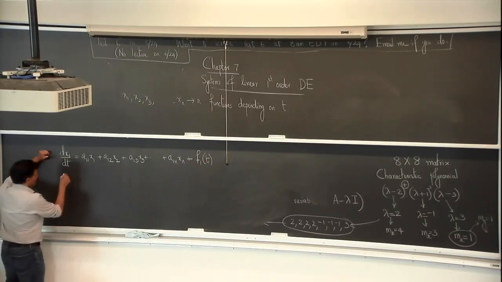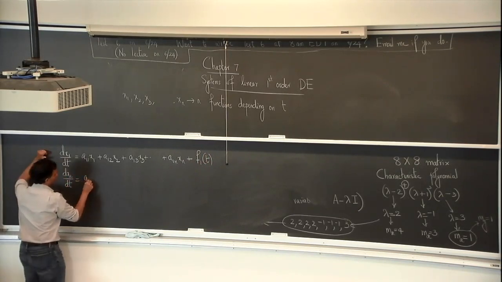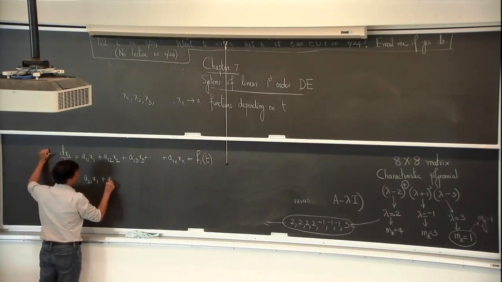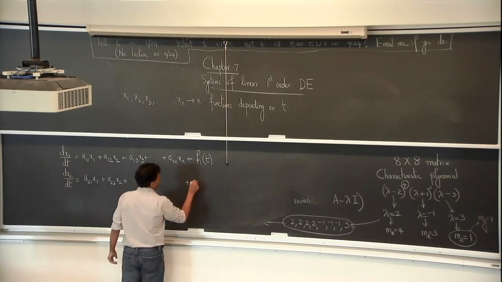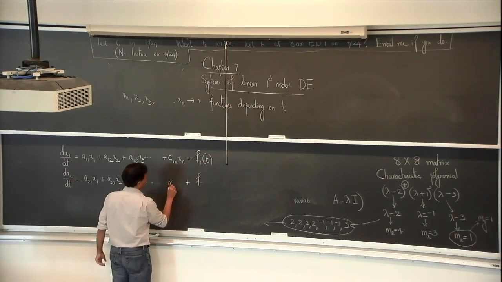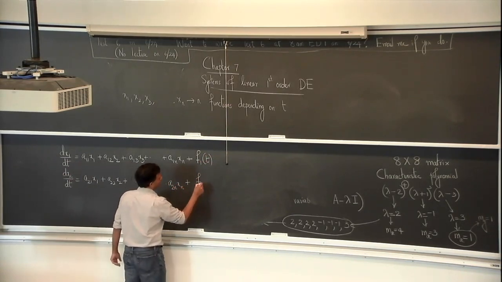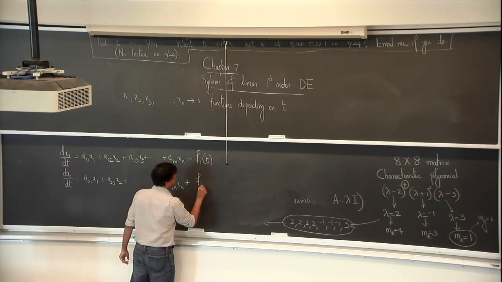And similarly, you can write equations for x2: a21 x1 plus a22 x2, dot dot dot, plus a2n xn, okay, plus f2 of t.